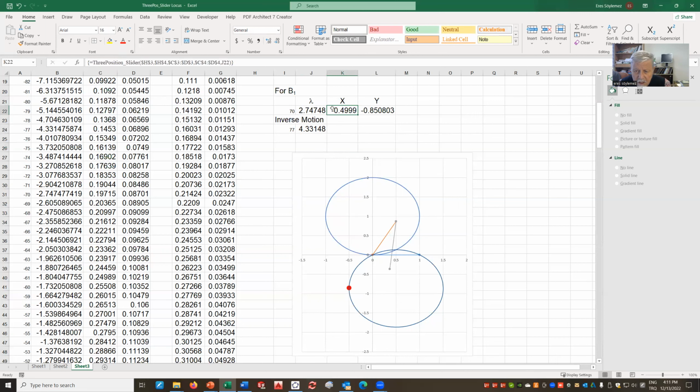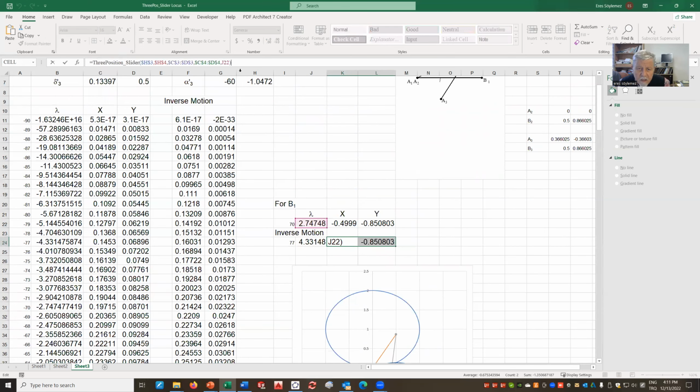Okay. Now, first of all, I'll copy these cells. This formula. Control C. Notice I'm copying the formula. Control V. Control Shift Enter. This is going to give me a point B1, whose three homologous points will lie on a straight line.